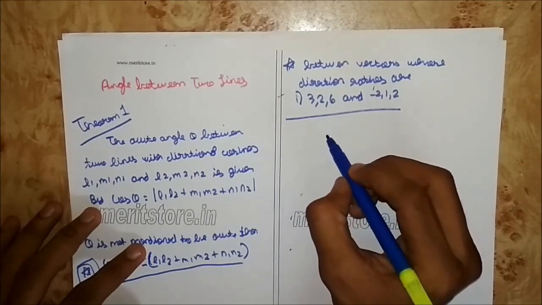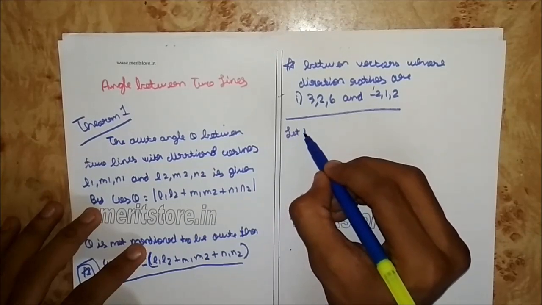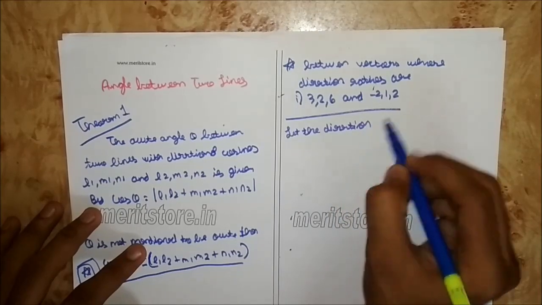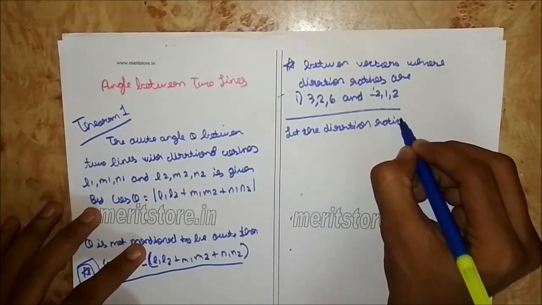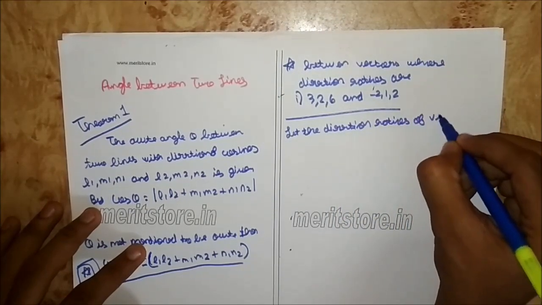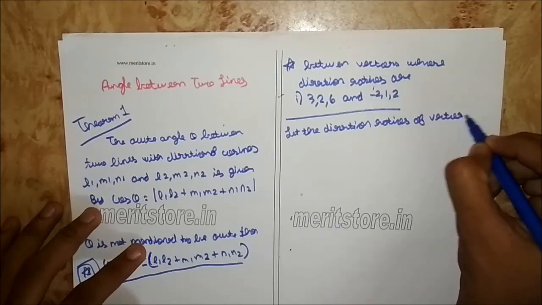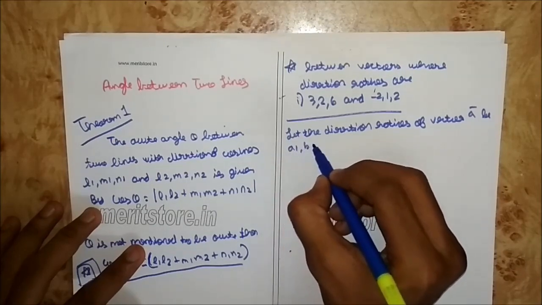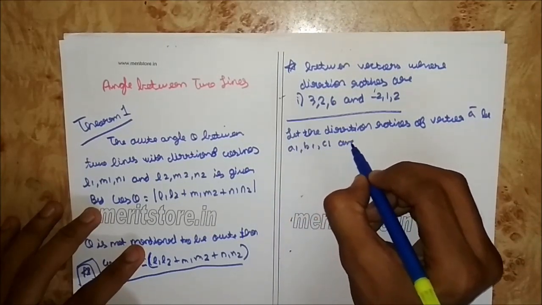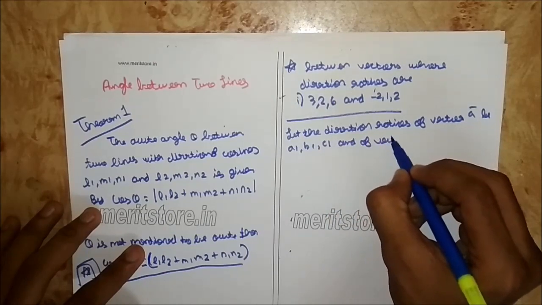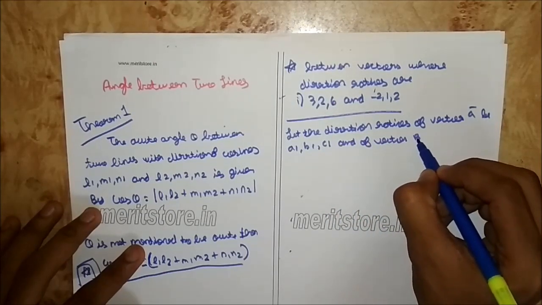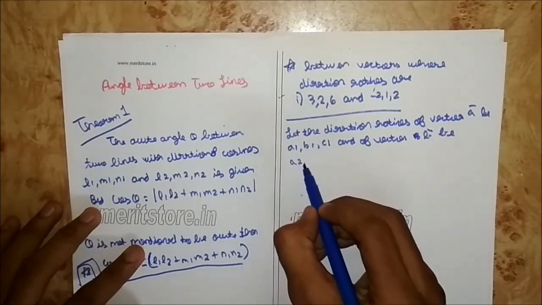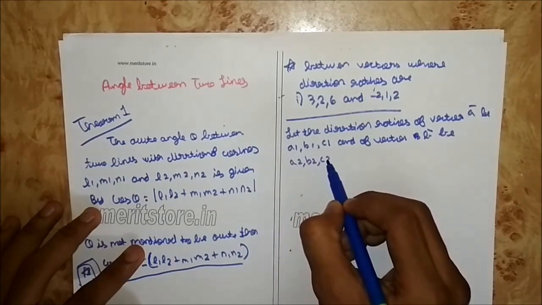let the direction ratios of vector A be A1, B1, C1 and of vector B be A2, B2, C2.